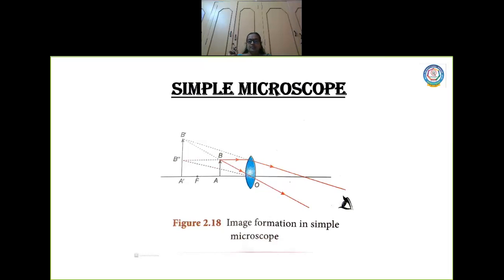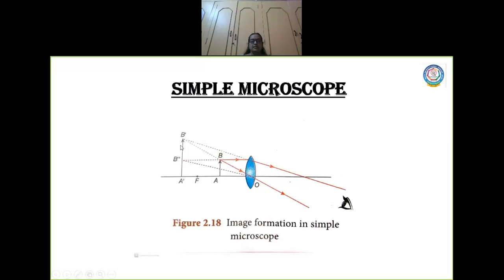Look at this diagram. Actually, this simple microscope consists of a convex lens. Where is the convex lens? This is the convex lens whose focal length is very short. Now this lens is held near the eye so that you get an enlarged image.